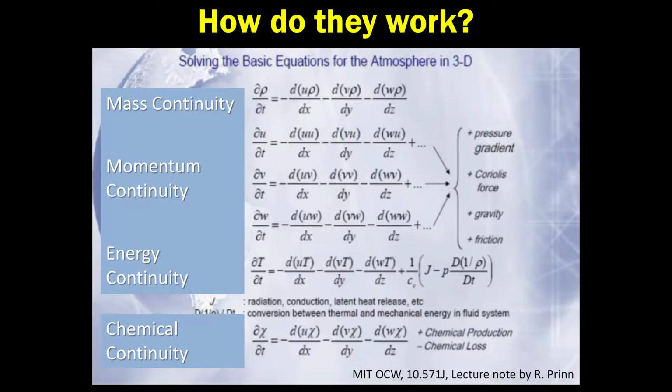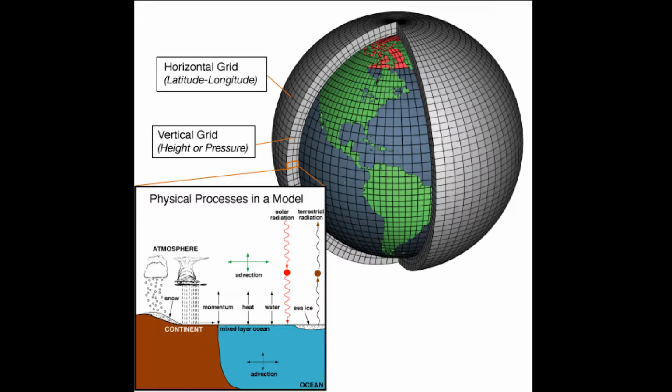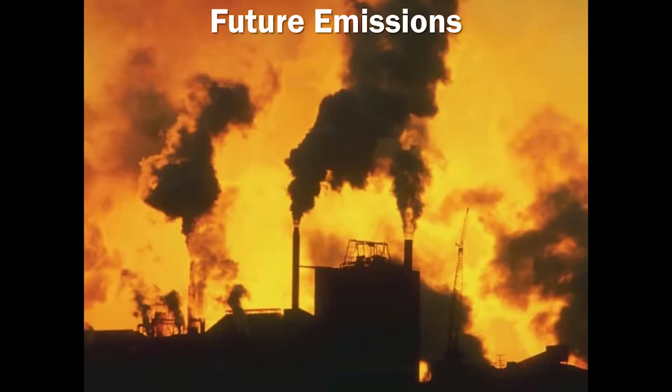And this is all done not with statistics, this is done with differential calculus to solve these equations for mass continuity, energy continuity, and so on, way beyond my pay grade. It's done for grid boxes for multiple levels in the atmosphere and way at depth in the ocean, all across the entire planet Earth.